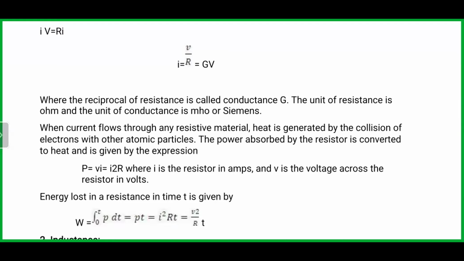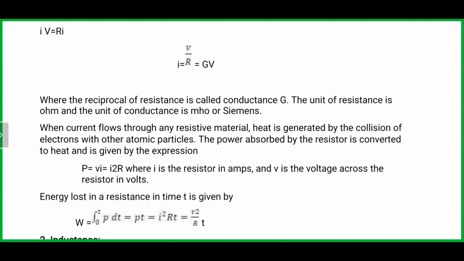When current flows through a resistive material, heat is generated. You see, I said it. Heat is generated by the collision of electrons with other atomic particles.